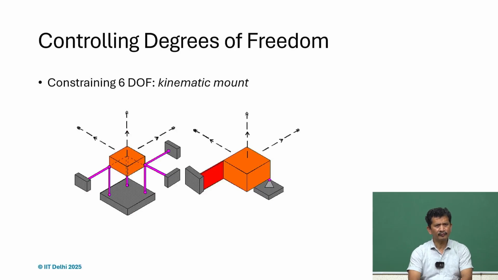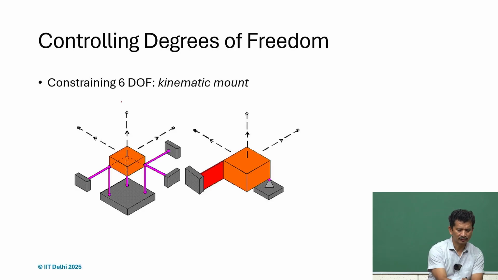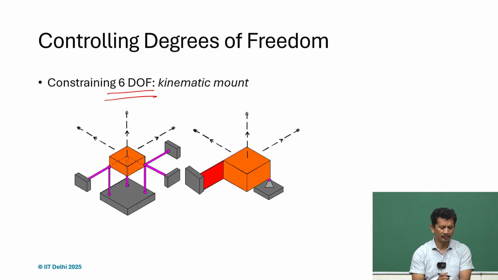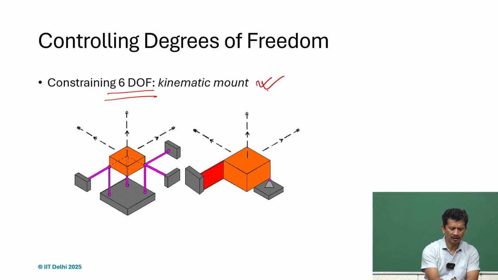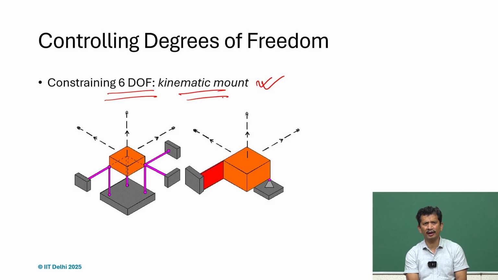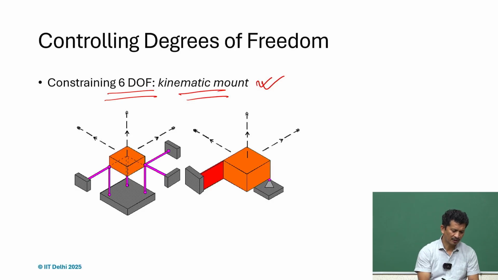So, moving on. So, yes, we talk about 5 degrees of freedom, then 4 degrees of freedom systems, 3, 2, 1, and when we constrain all of them. So, constraining all 6, what we get is the kinematic mount or kinematic clamp. And again we can use the same technique and we can just name it also.